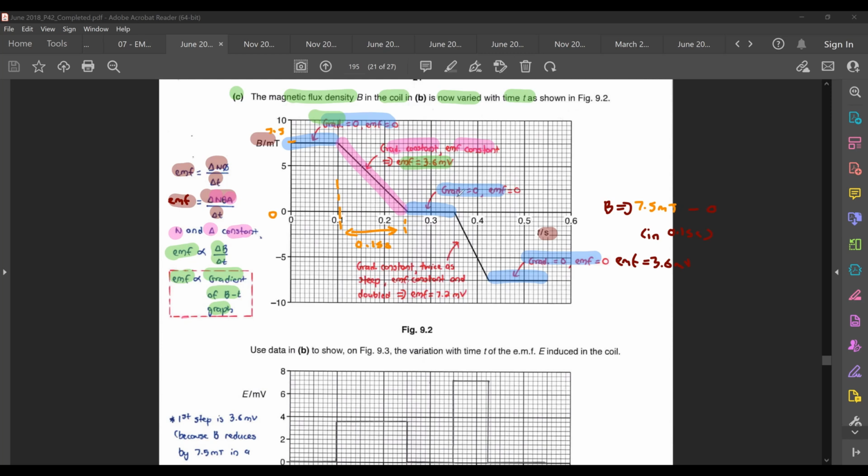So this particular section here has already been represented in something that you calculated before, where you say that the EMF value is 3.6 millivolts. So that's why here I can say gradient constant, EMF constant, the EMF is really just 3.6 millivolts.